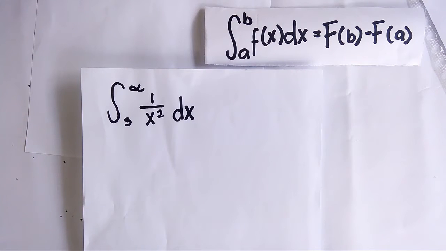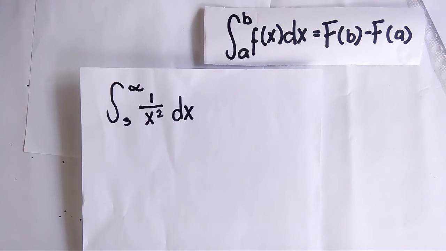So we have another example. Integral of 1 over x squared dx from 3 to infinite. In this example, the best thing to do to make it easier, we have to put the x squared to the top.